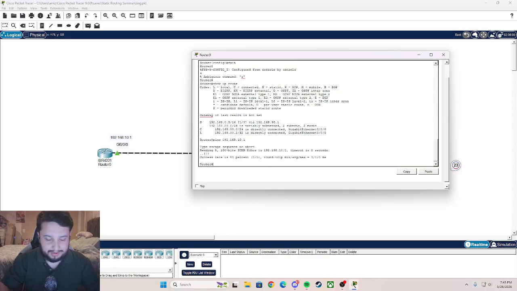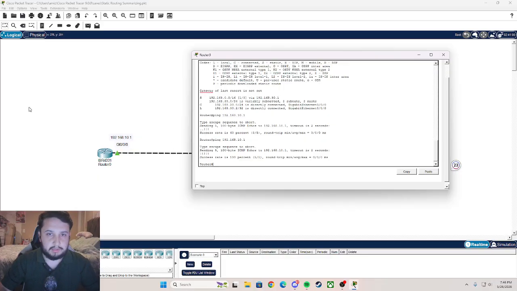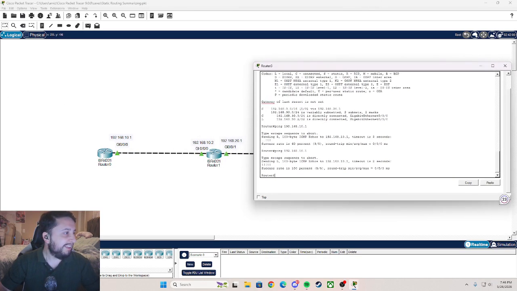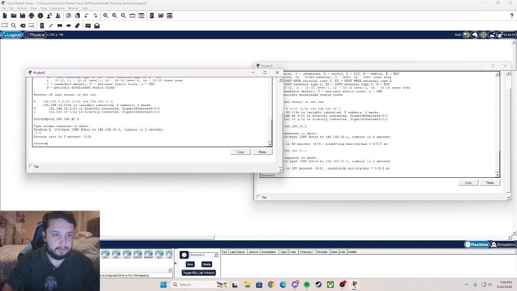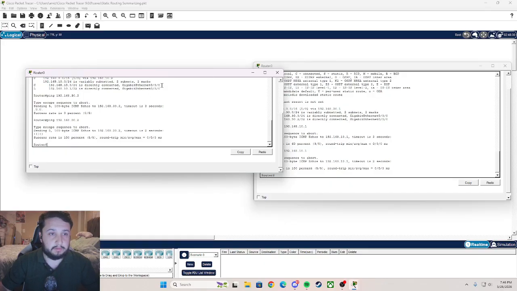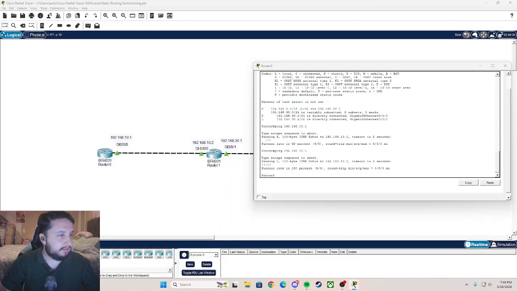I did it a little bit too quick after that. It works from that way, and it works from this side. So yeah, that's IP static route summarization.